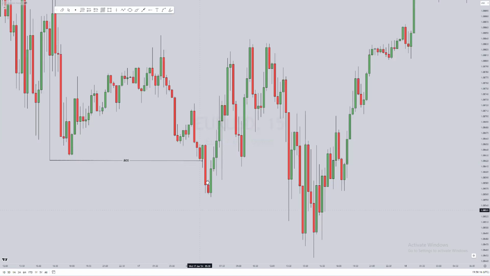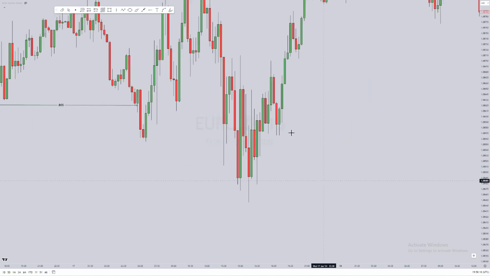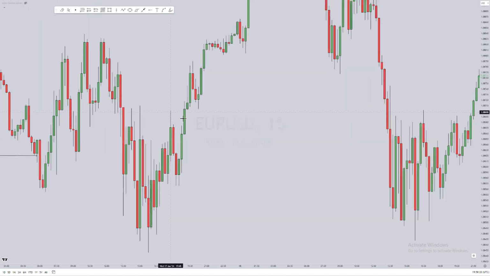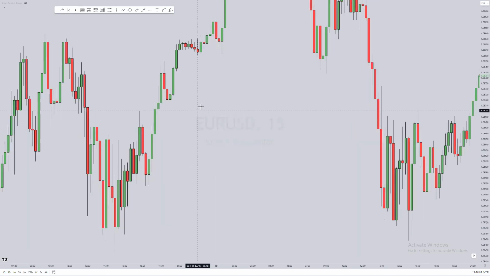Pullbacks are all about consecutive candles moving in a direction, and we expect the new candle forming to take out the previous candle low. That will confirm a pullback. And once that happens, we can use that as an inducement, because a pullback is more like an inducement. So what is an inducement? It is the first pullback after break of structure.